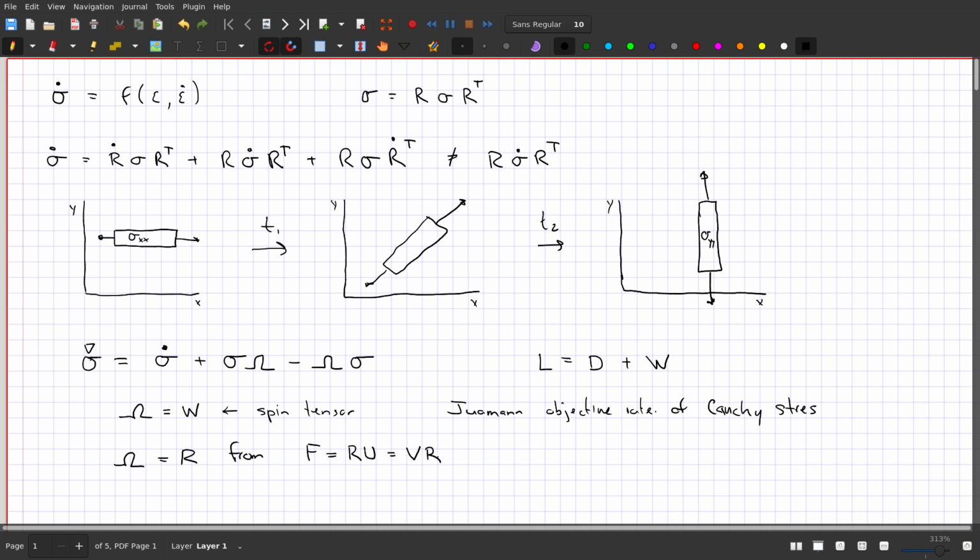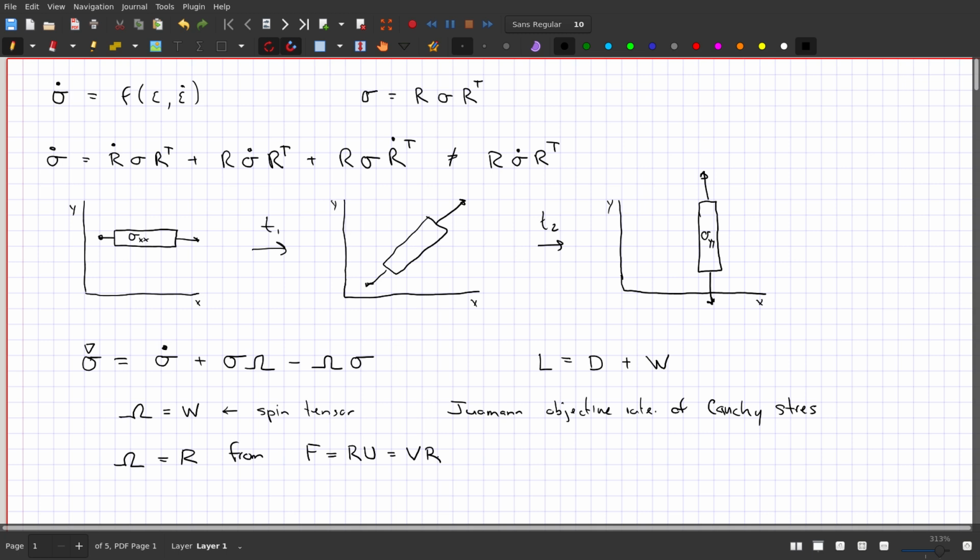So this is called the right stretch tensor. This is called the left stretch tensor. And the name just comes from where it appears, right, in this equation? It's on the right side of the rotation matrix or the left side. Okay. Now, this is a pretty good choice.